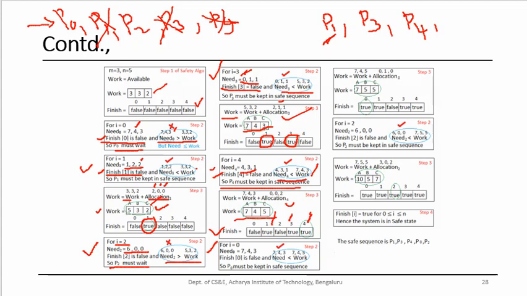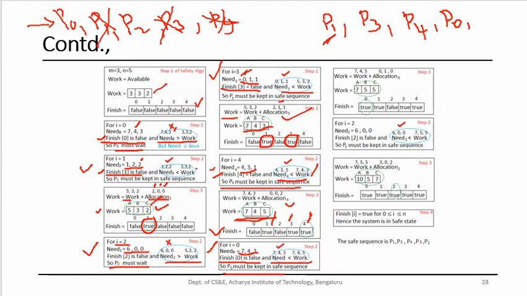The value of work is 745, right? What is the need of P0? It is 743. So obviously need of P0 is less than work, and finish of 0 is false because it has not completed its execution. Both the constraints are met. We can now add P0 to the safe sequence.